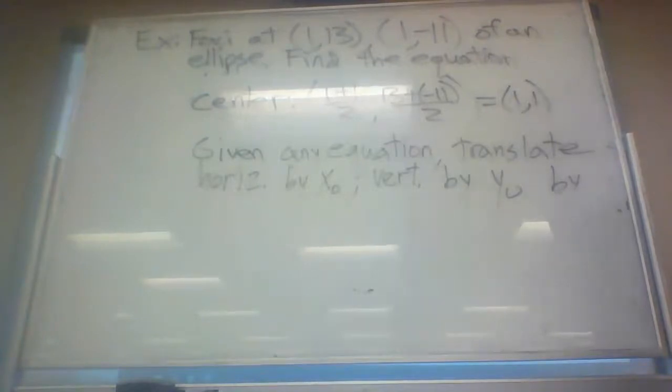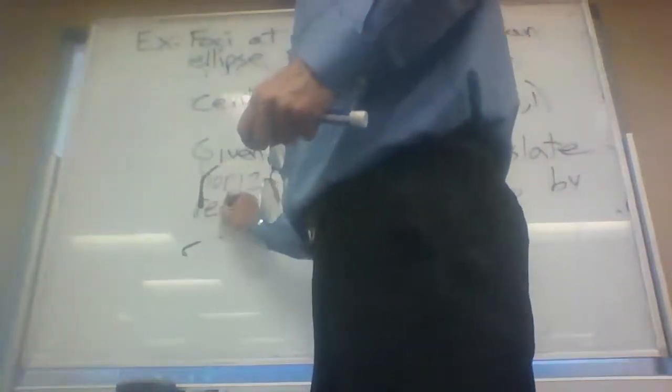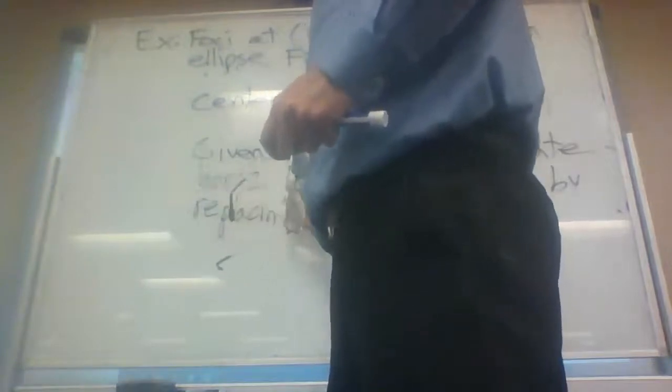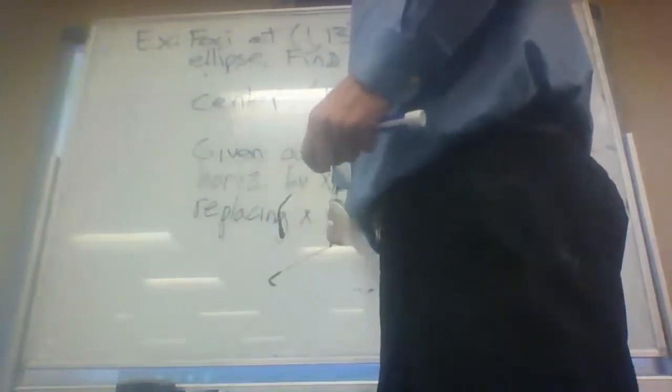How do you translate the graph of any equation? Just by replacing x by x minus x0 and y by y minus y0 everywhere in the equation, right?